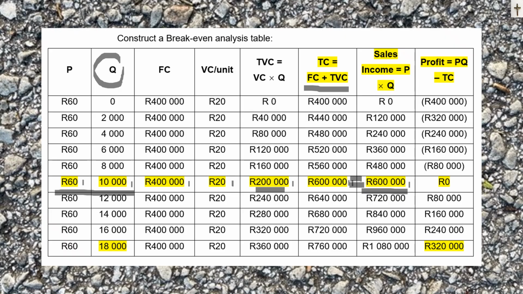So income is equal to total costs, and therefore that is the break-even point.